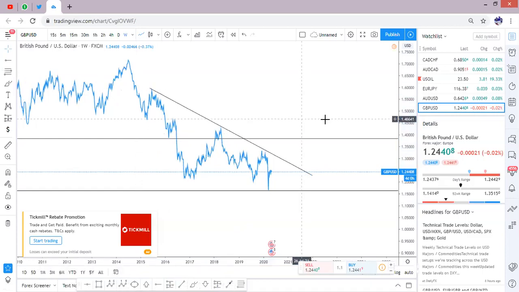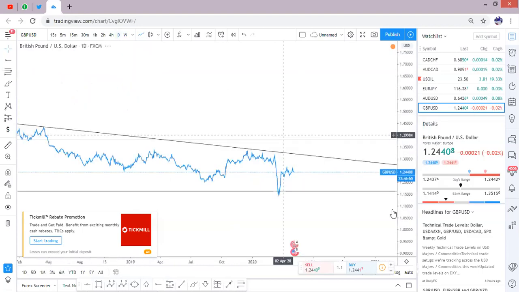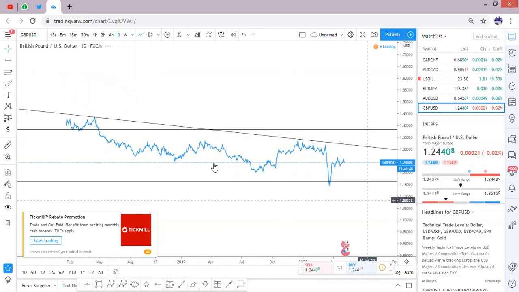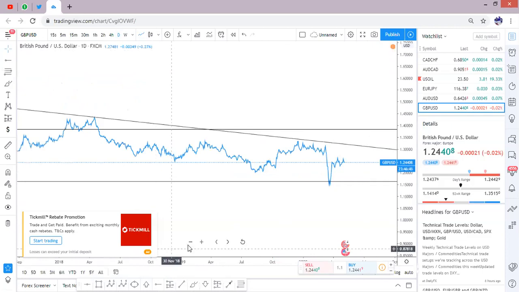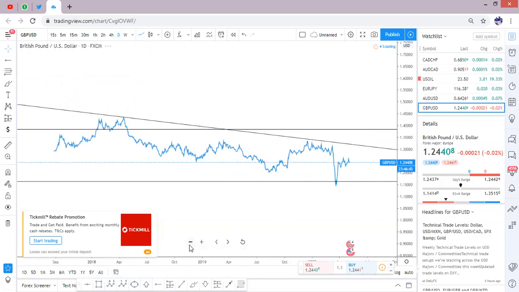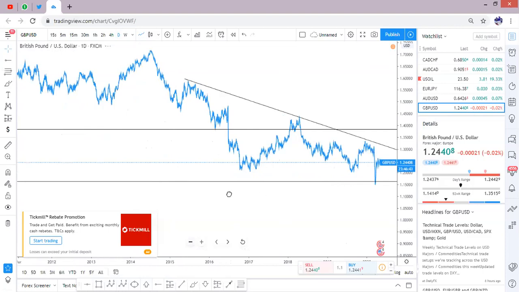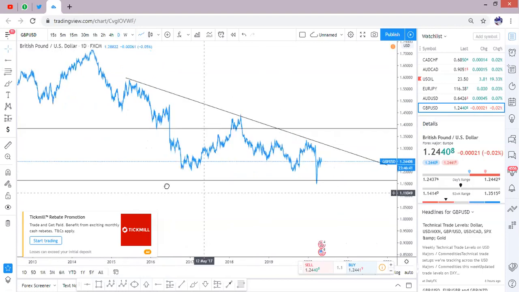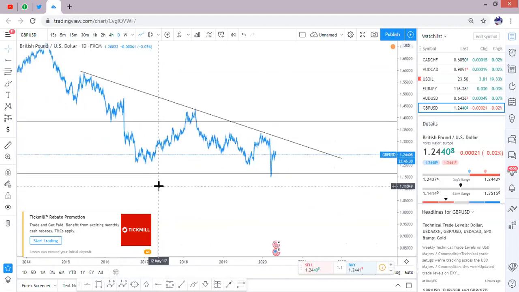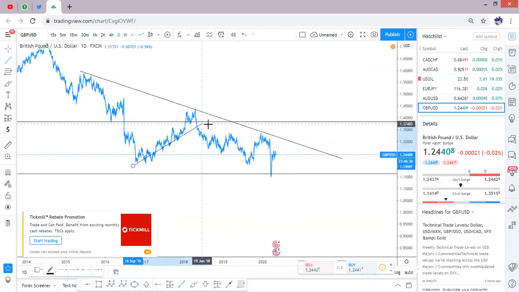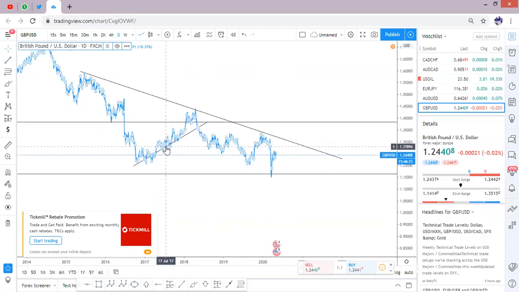Moving straight to the daily, I have to check if I can see any pattern for us to trade with. We have an ascending channel here.